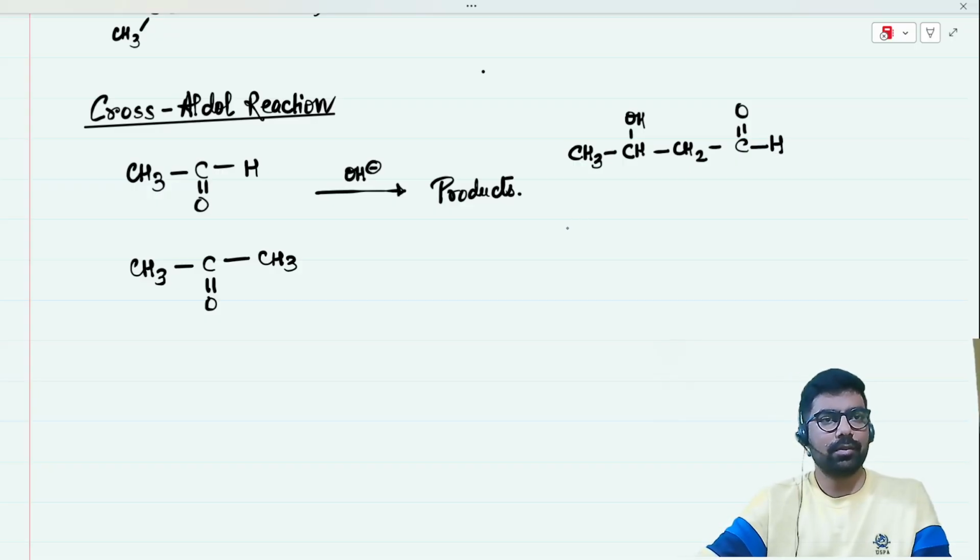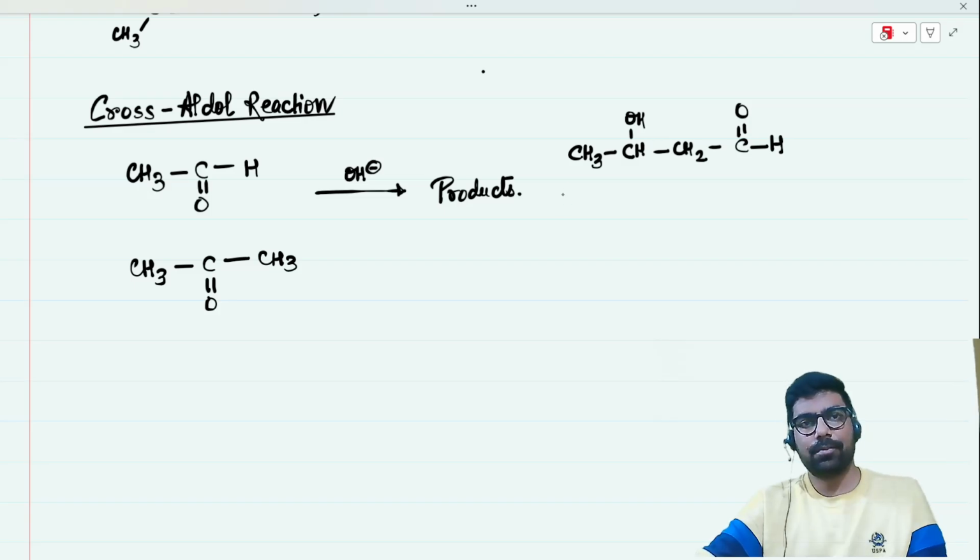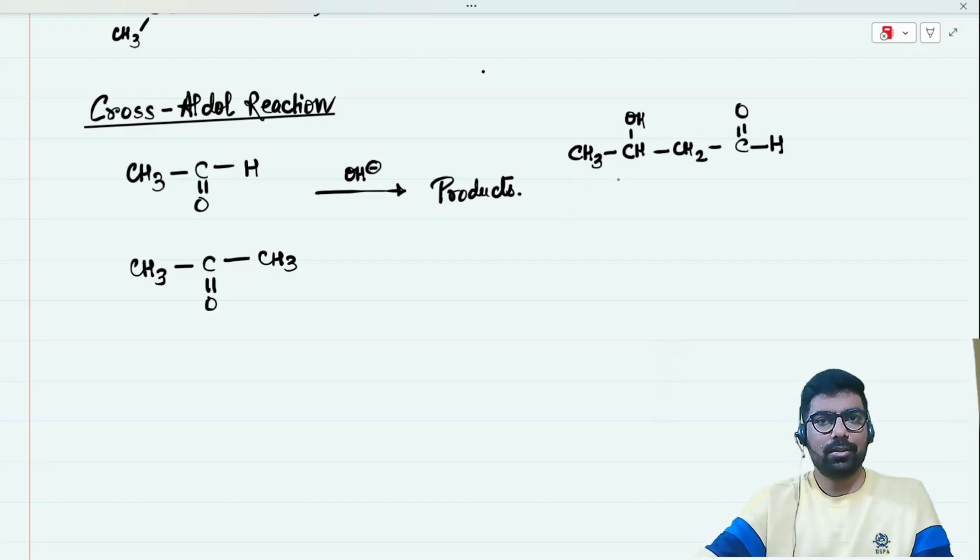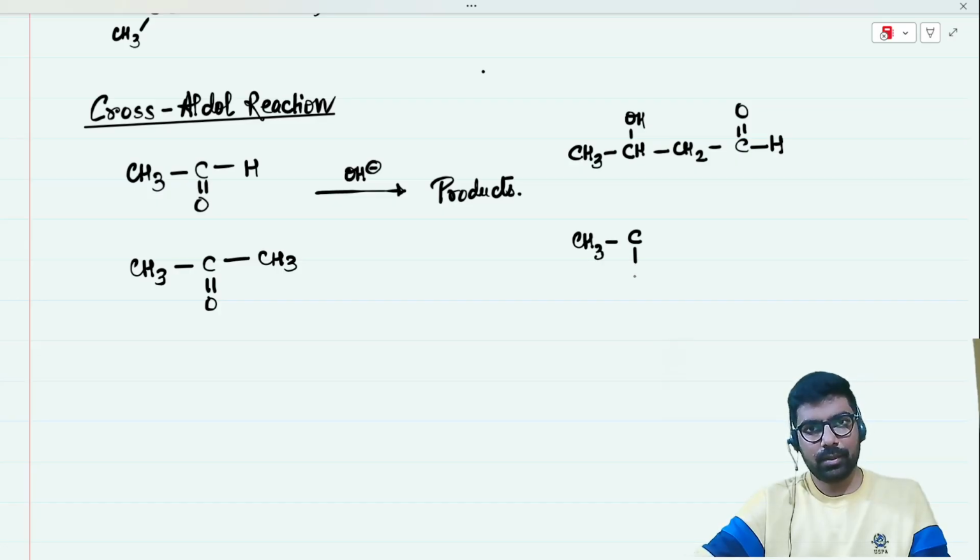This will be the first product, the self-aldol product of these two molecules, right? Again, this one can also undergo self-aldol and will form a product like this.